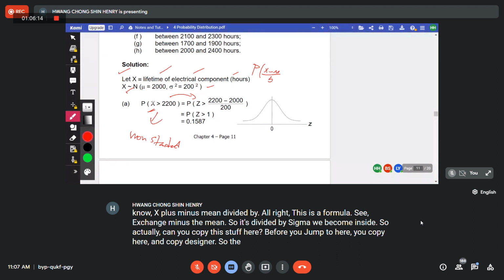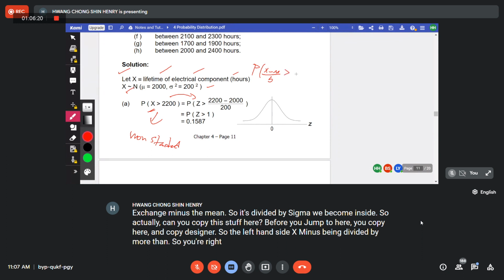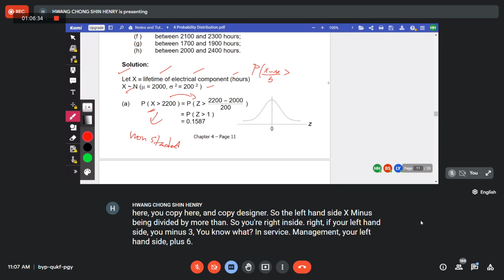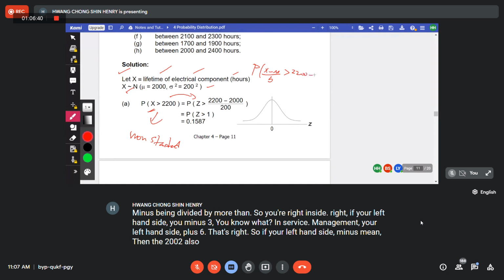So the left hand side, X minus mean divided by sigma, more than. Your right hand side, you will do mathematics, right? If your left hand side you minus 3, your right hand side must minus 3. If your left hand side plus 6, your right hand side must plus 6. So if your left hand side minus mean, then the 2200 also must minus mean 2000.